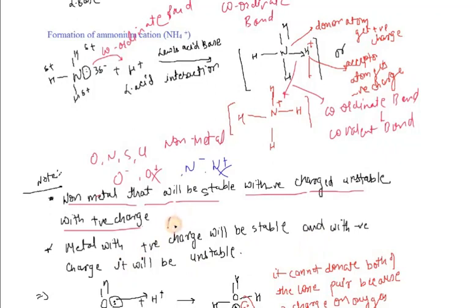If we talk about the metal magnesium, we know Mg plus 2 is stable. Now when we talk about Mg minus, we know this is very unstable.